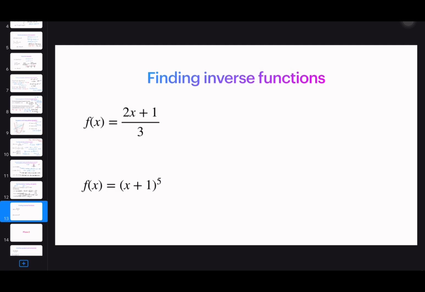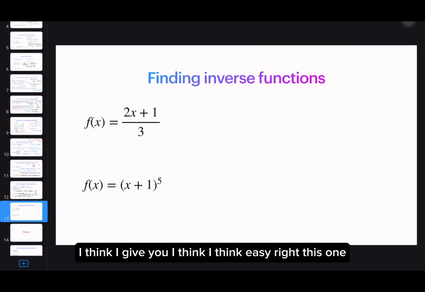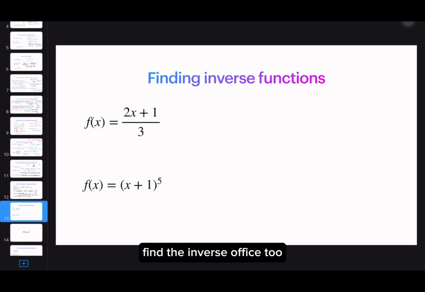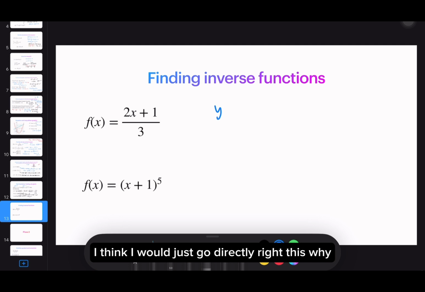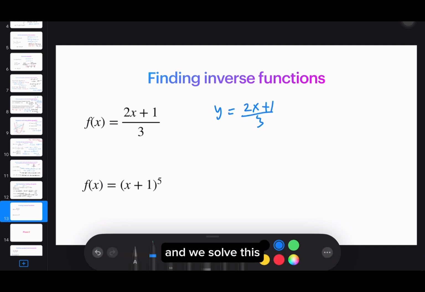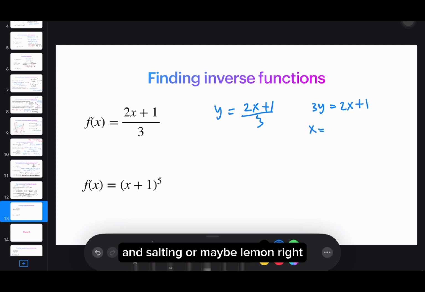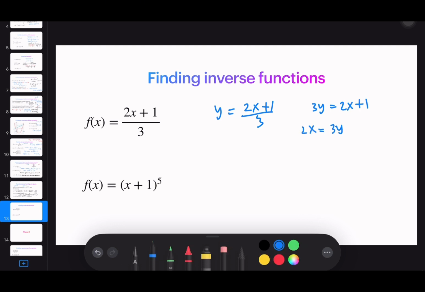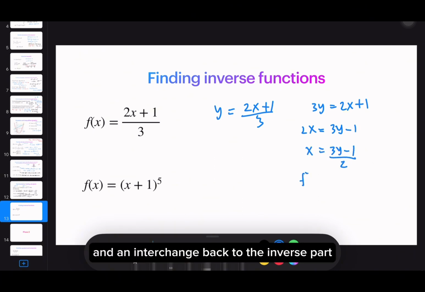Last one, okay. I think I give you an easy one, right? Find the inverse of this. And then we can finish. I think it's quite easy, right? I will just go directly and write this y, and we solve this, and then interchange back to the inverse part.